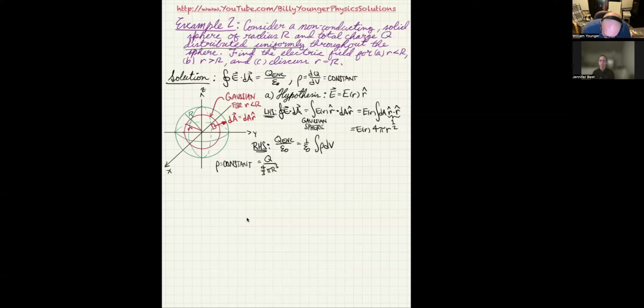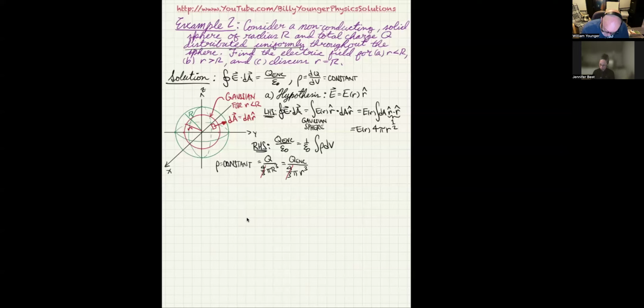Now, we only have a small fraction of the total sphere inside that Gaussian surface. In fact, inside we have a total amount of charge Q enclosed that we want to know, but the volume is 4/3 pi little r cubed. That's the key to us avoiding doing integrals.